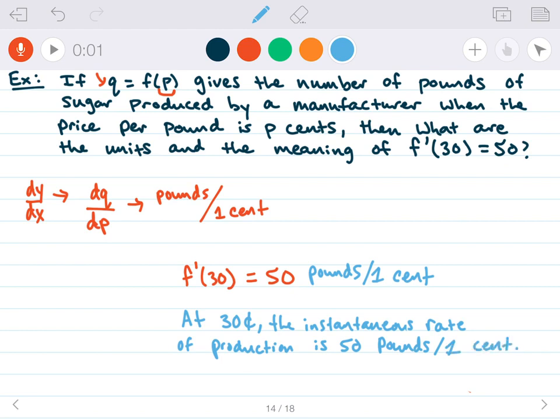And so we should expect that at 31 cents, our production is going to go up by 50 pounds.